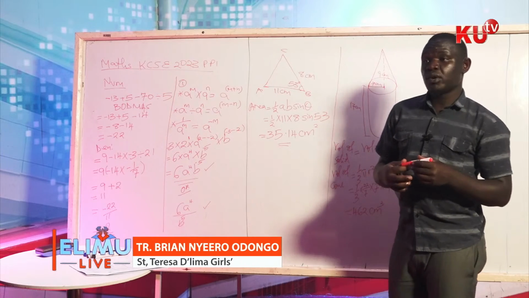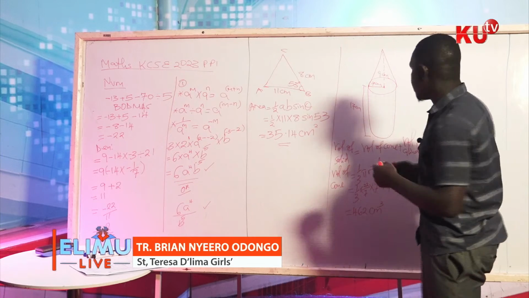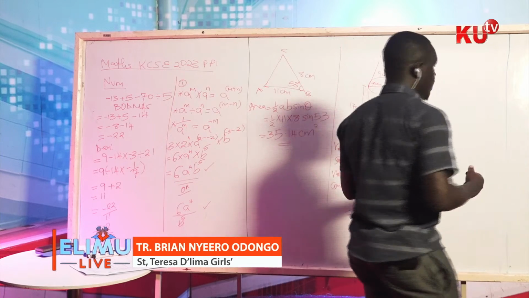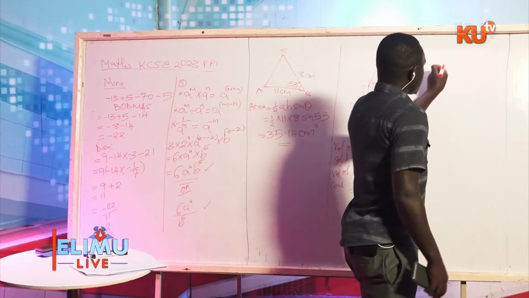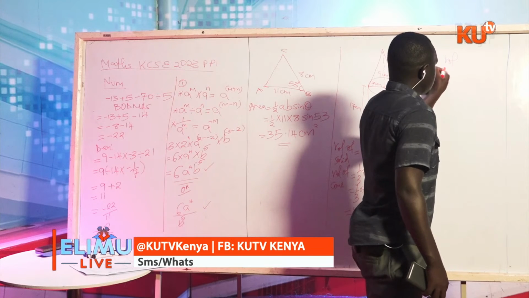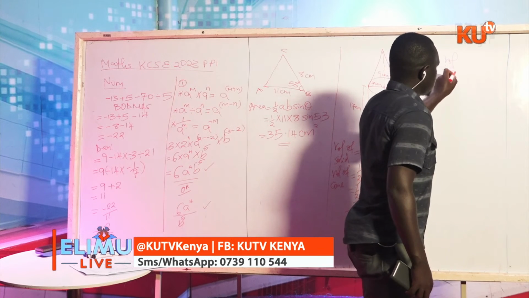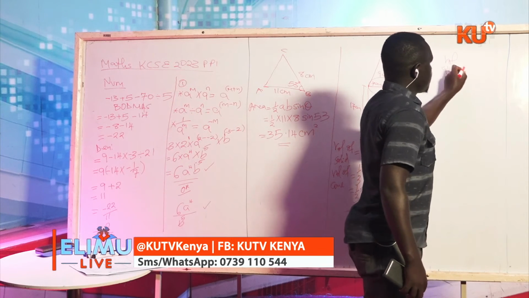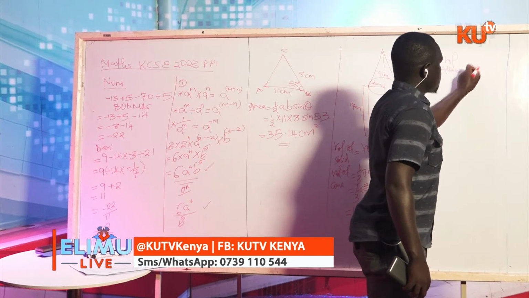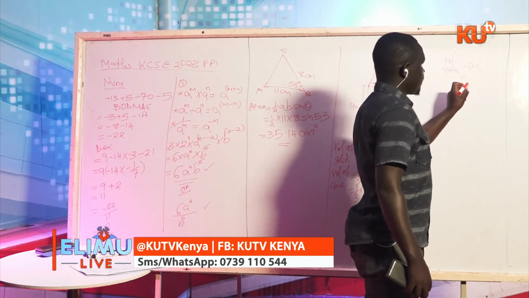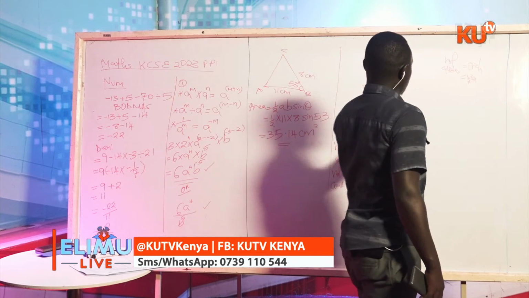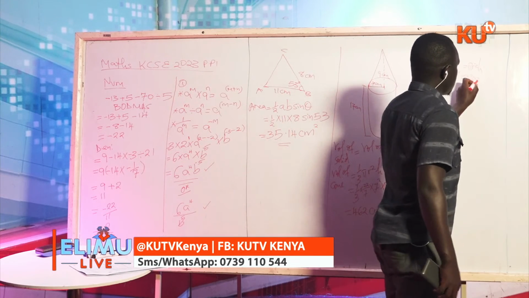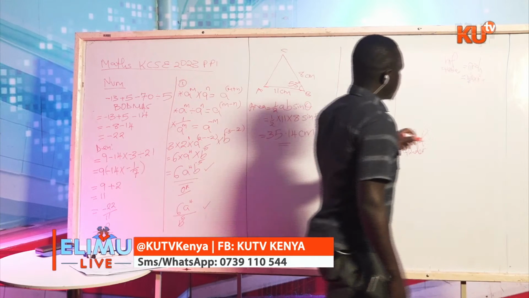Let's also work out now the volume of the cylindrical part, dear students. Now, how do you work out the volume of the cylindrical part? You simply say that volume of the cylinder is given by pi r squared h. Now, the pi is 22/7 times the radius, which is 7 squared, times the height of the cylindrical part.